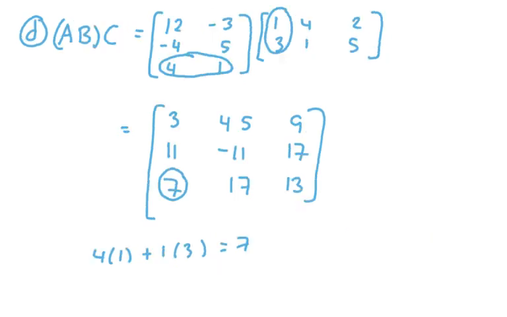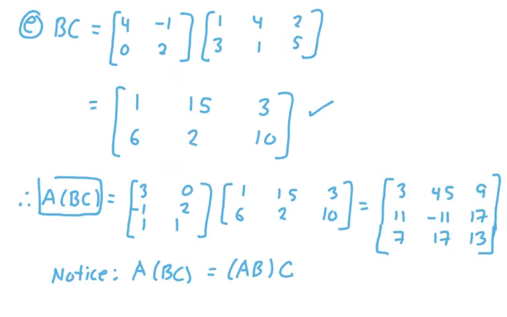I want you to notice AB times C is the same thing. I get exactly the same matrix. It turns out that A times BC is the same as the quantity AB multiplied by C.